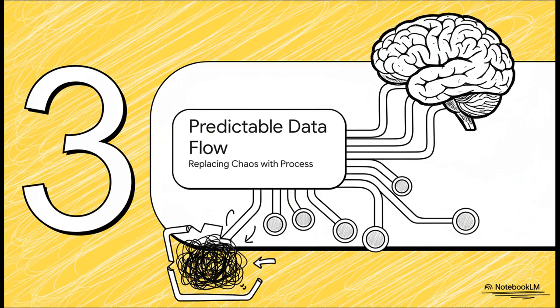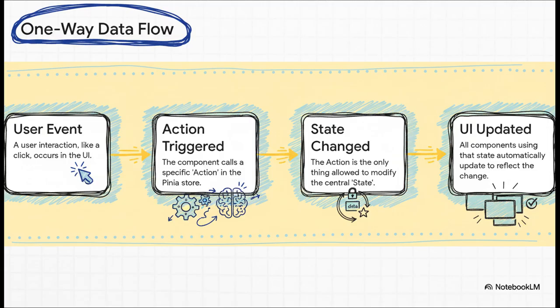Okay, so how does the central brain actually operate? What does it do? Well, the secret sauce is that it creates a predictable, one-way flow of information. It takes all that chaos we talked about and replaces it with a clear, simple, repeatable process. This predictable flow works just like a clean assembly line. It always goes in the same order. First, a user does something. Let's say they click a button.